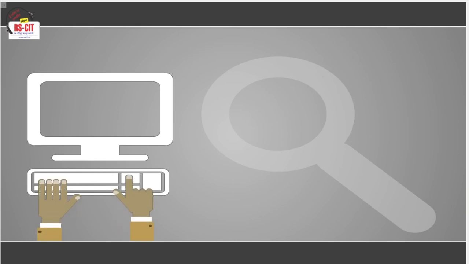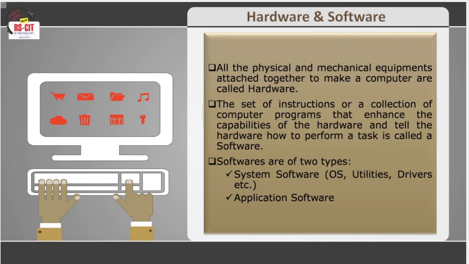Hardware and software. All the physical and mechanical equipment attached together to make a computer is called hardware. The set of instructions or a collection of computer programs that enhance the capabilities of the hardware and tell the hardware how to perform a task is called software. Software is of two types: system software, that is OS, utilities, drivers, etc., and application software.